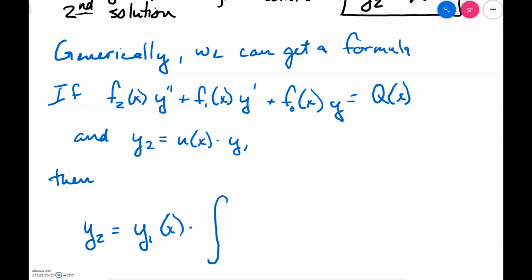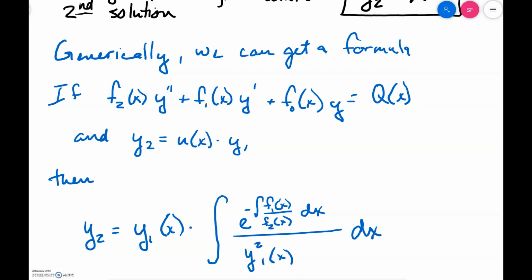Remember, we did the integral twice, so expect two integrals in here. Negative f1(x) over f2(x) dx over y1 squared dx. Woof! So that's our big formula. So instead of going through the process, we can go through this formula. In the next video, I will be doing just that.